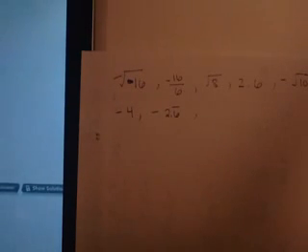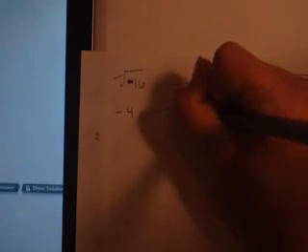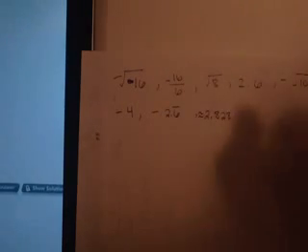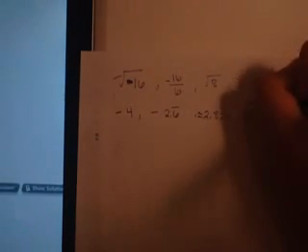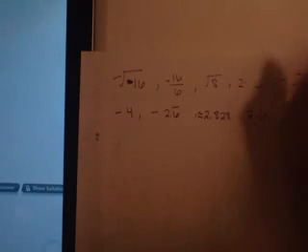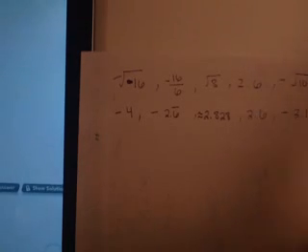The square root of 8 is approximation of 2.828. And then we have 2.6 already completed for us. And the square root of 10, we know this will be negative, so negative square root of 10 is 3.16.